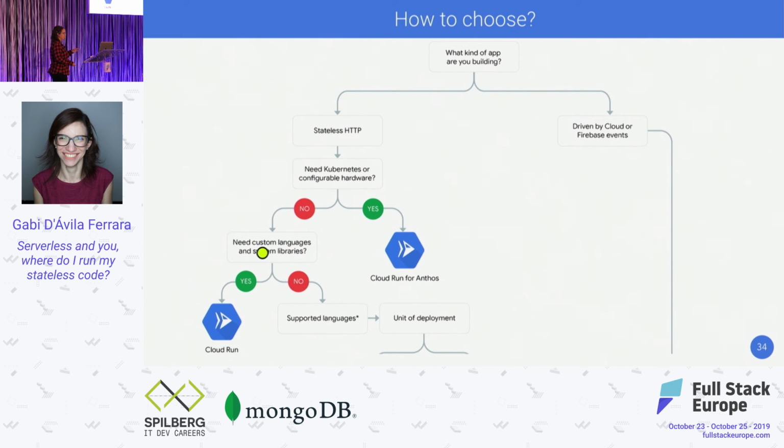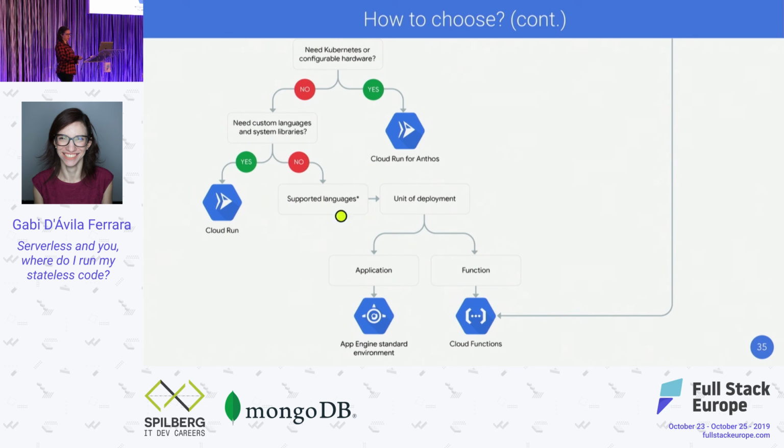If you're using custom languages or system libraries or binaries, you can use Cloud Run itself. If not, if it's not a supported language, or you need Unity on your deployment, or it's driven by Cloud Firestore or Firebase events, you use App Engine or Cloud Functions.